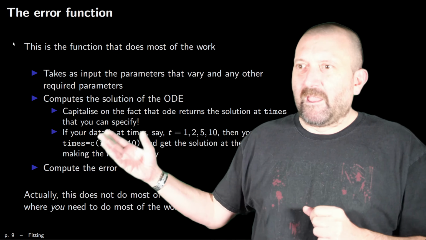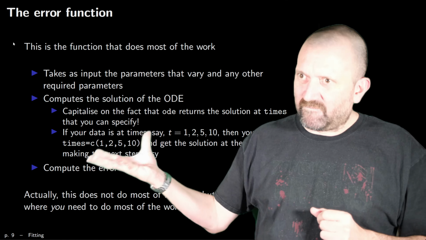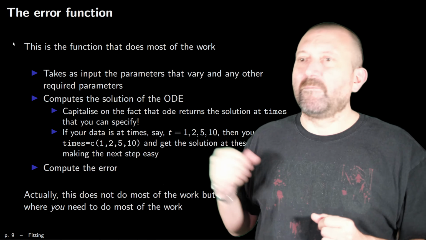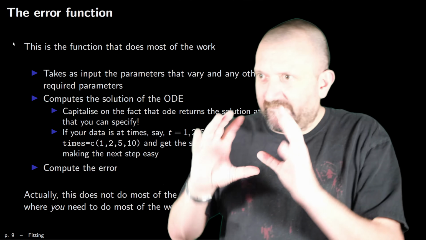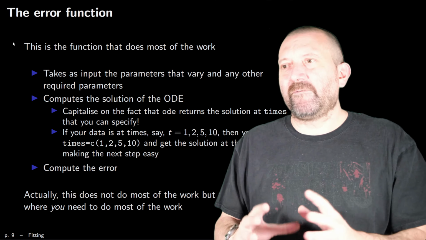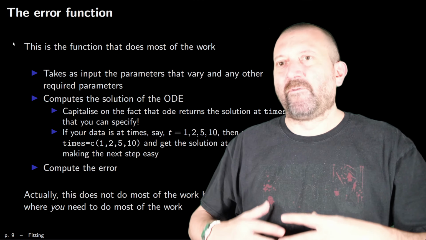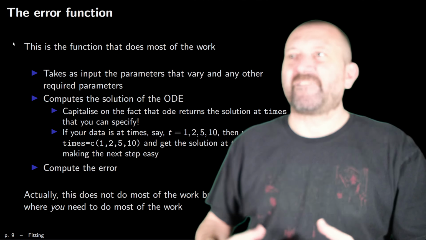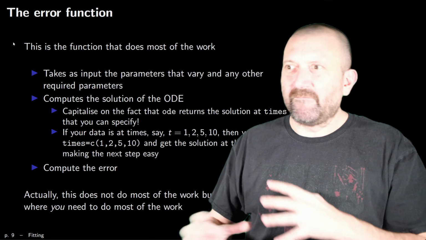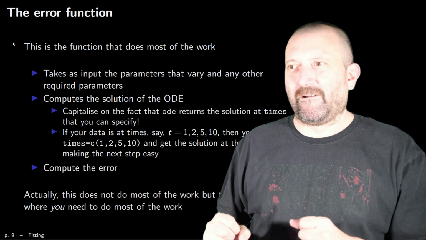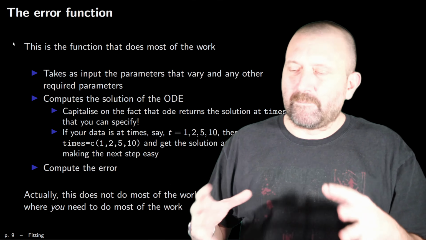Given that return value, you then compute the error. And that function is the function that you're going to provide to a minimization routine that is going to vary p, the parameters, in order to find a minimal value.